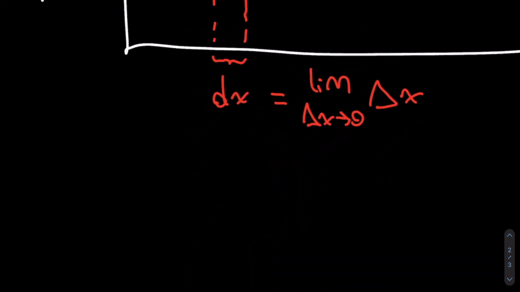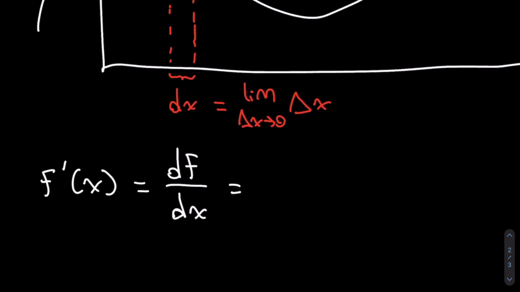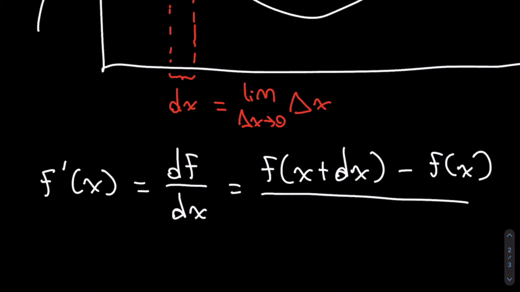So now, if I just use this idea in our slope formula, then the rate of change in f at one point in x, which I'm going to denote as f prime at x, so f prime at x is our slope at each value of x, then instead of using the delta, we're going to use this d for an infinitesimal change, which I can write just as I did before as f at x plus dx minus f at x all over dx.